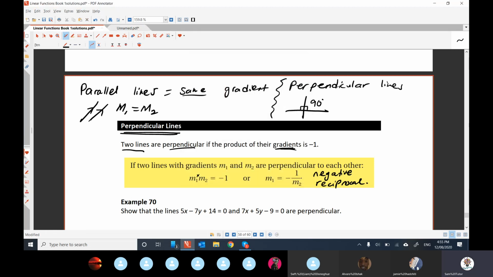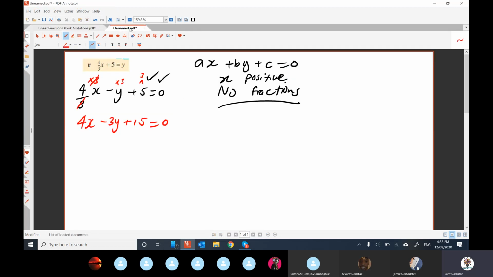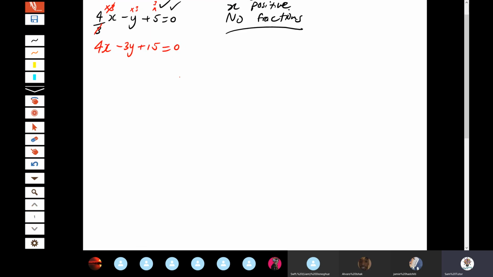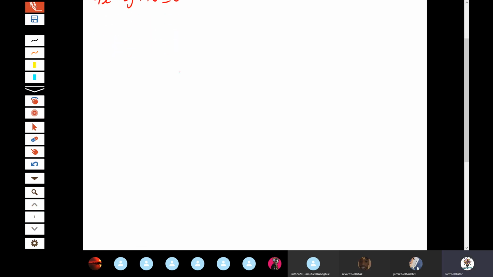Just to understand the whole idea of negative reciprocal, before I start, can someone tell me what reciprocal means in this context? What does reciprocal mean? Is it like when they swap?